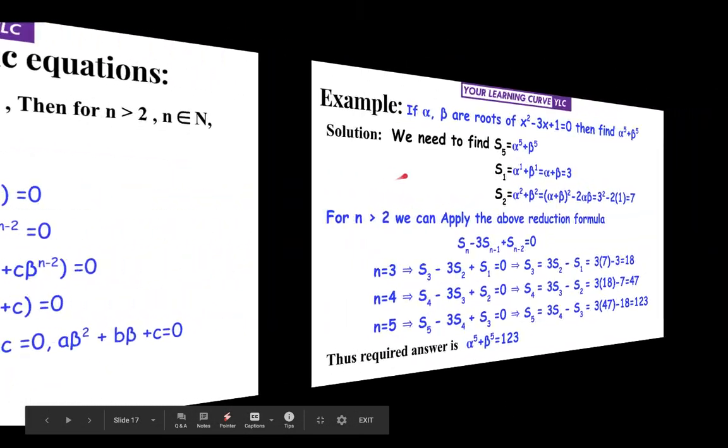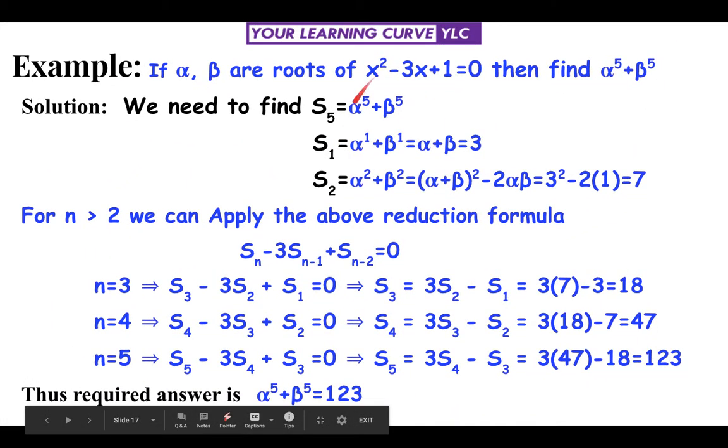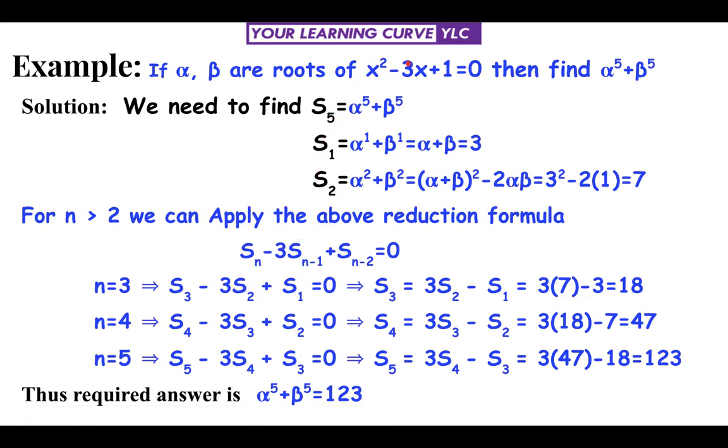So, what we do? In place of x square we write Sn, in place of x we write Sn minus 1, in place of 1 we write Sn minus 2. A, B, C is written as it is. A is 1, B is minus 3, C is 1. So, Sn minus 3 Sn minus 1 plus Sn minus 2 is equal to 0.